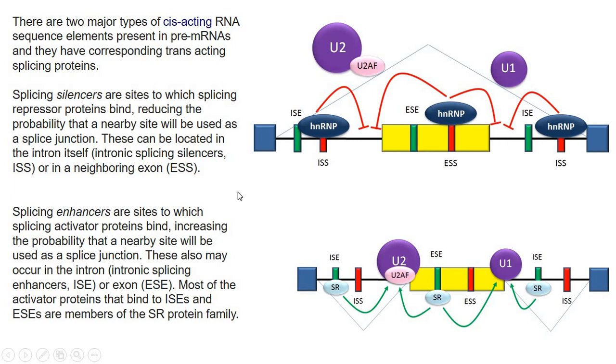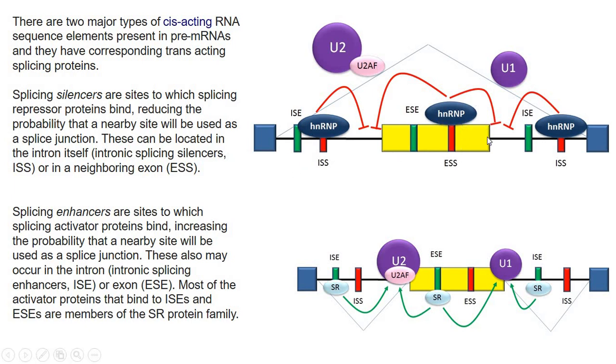Okay, so these splicing silencers are sites to which splicing repressor proteins bind. At splicing junctions, they can bind to either the intron splicing silencers, binding into introns, or exon splicing silencers that will bind to exons.